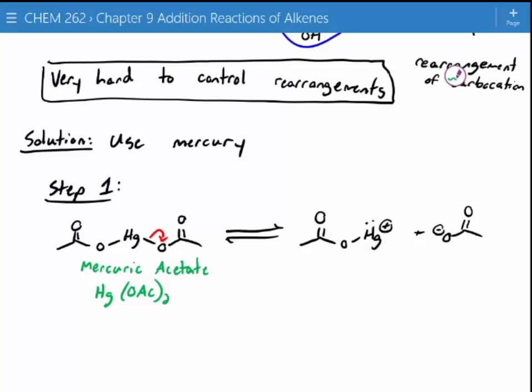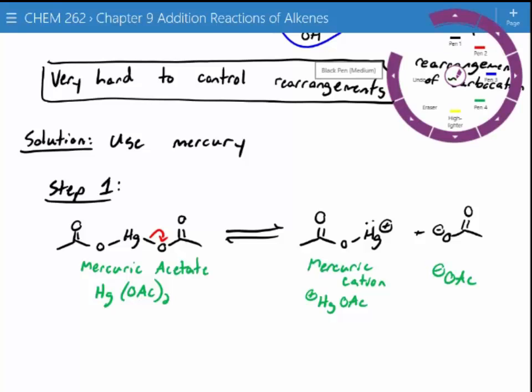And over here we've got our mercuric cation. This is often abbreviated Hg+OAc. And the acetate anion over here is generally just abbreviated OAc minus. So the first step is forming this mercuric cation, which is very, very reactive.